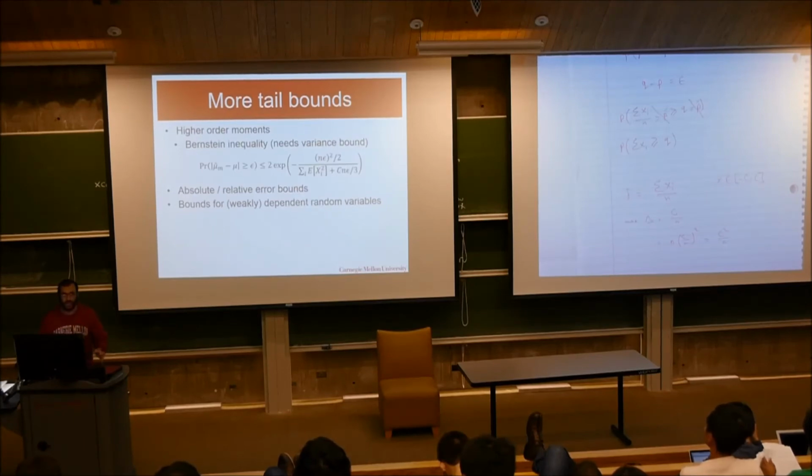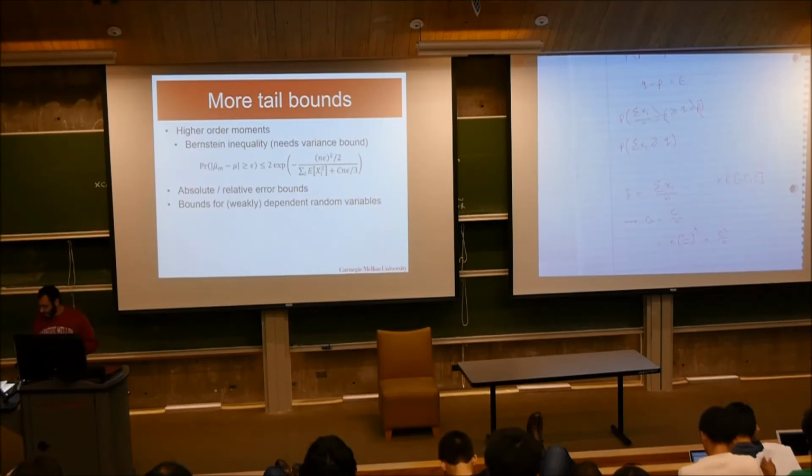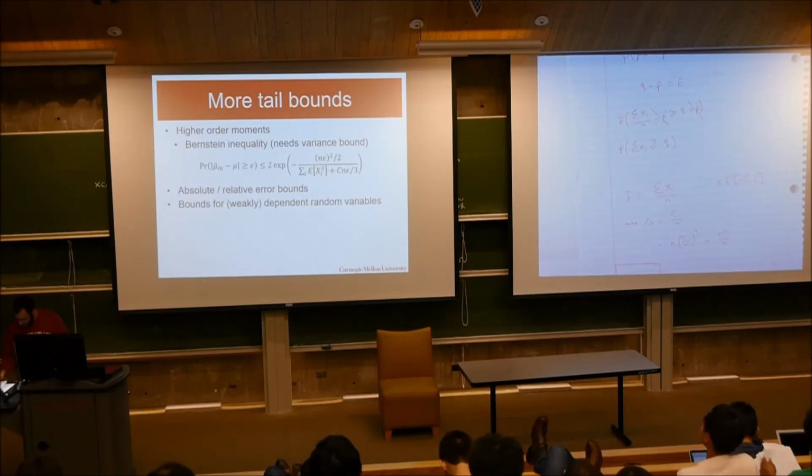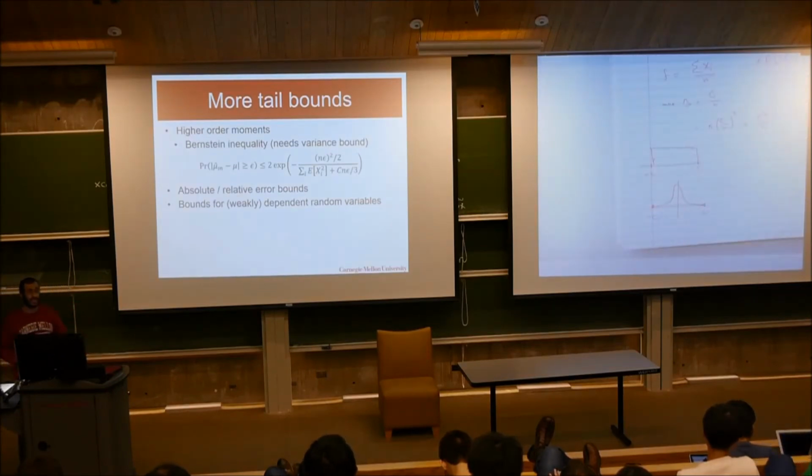There are more inequalities. I mean, we can talk about that topic forever. So, for example, we assume that our samples are bounded, so x is between minus c and c. But we didn't say, for example, whether they are uniform between minus c and c, or something like this, still between minus c and c, but with less variance.